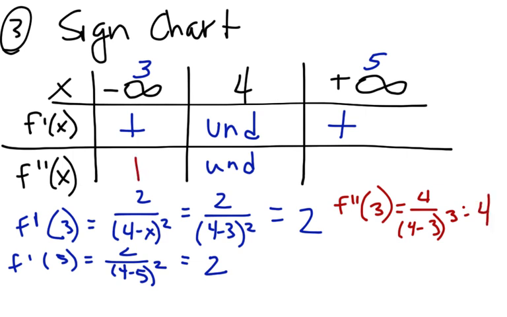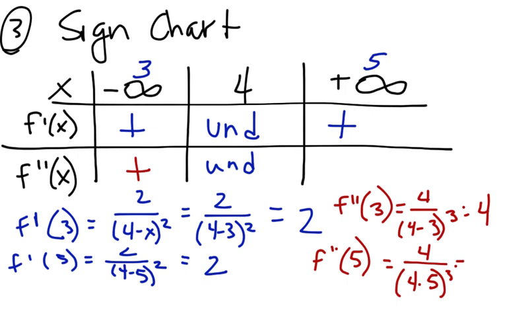So that's positive. And then f double prime of 5 is equal to 4 over 4 minus 5 cubed, which is 4 over negative 1 cubed, which is negative 4, so this one is negative.